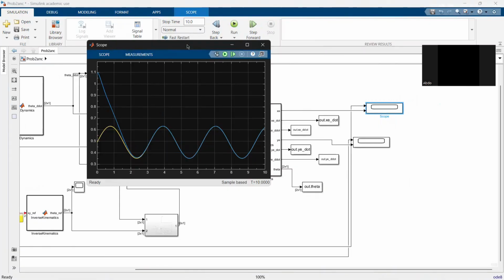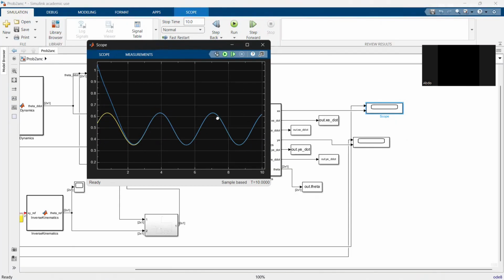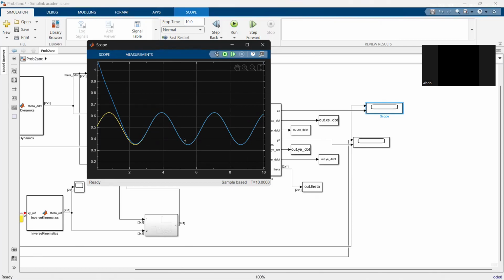The first scope shows the xe reference and the xe on the same graph. This allows us to see that the actual x position follows the desired position correctly for 10 seconds.